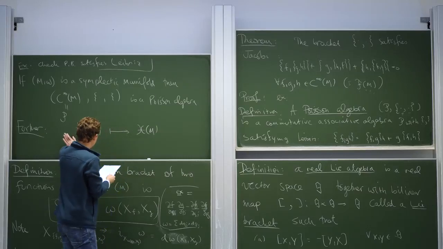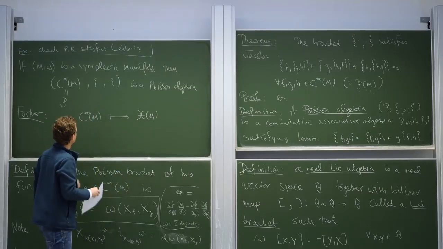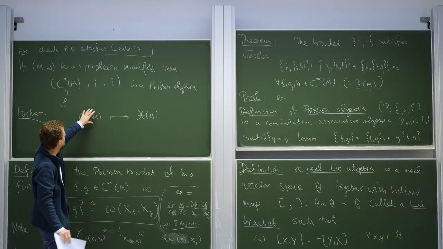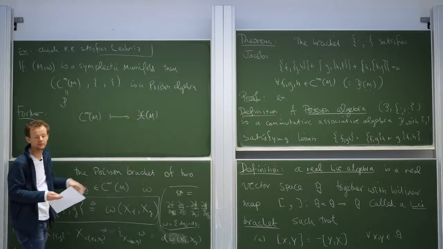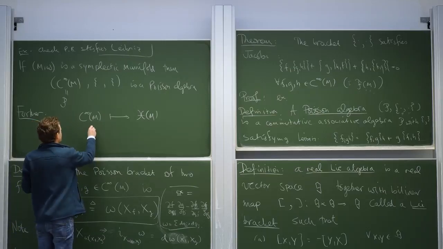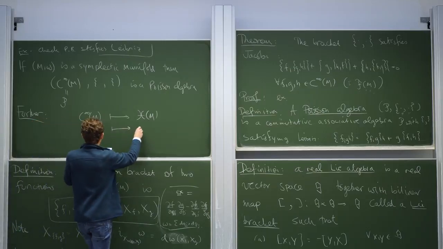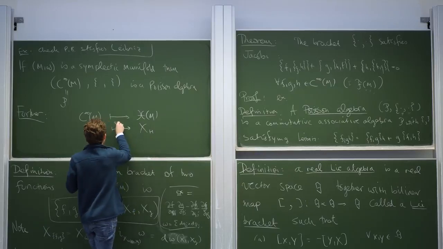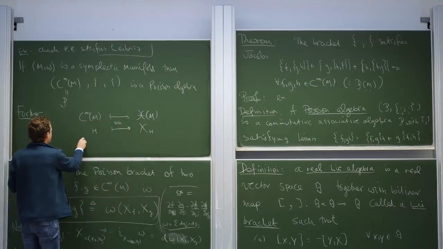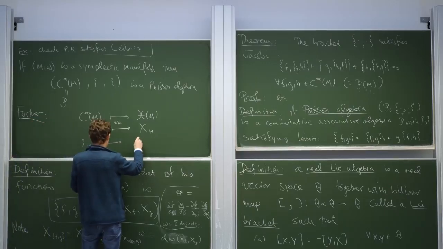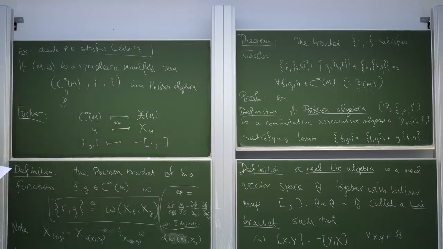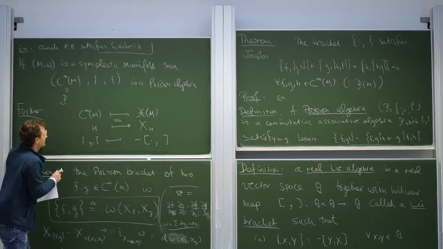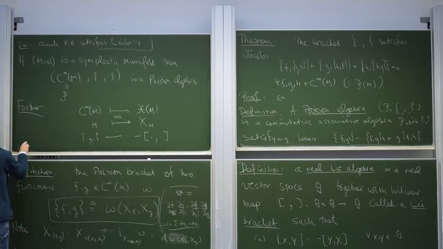And furthermore, by taking a function and associating with it its corresponding Hamiltonian vector field, via that map there, and by taking the Poisson bracket and replacing it with the Lie bracket of the corresponding vector fields, that's a Lie algebra anti-homomorphism.